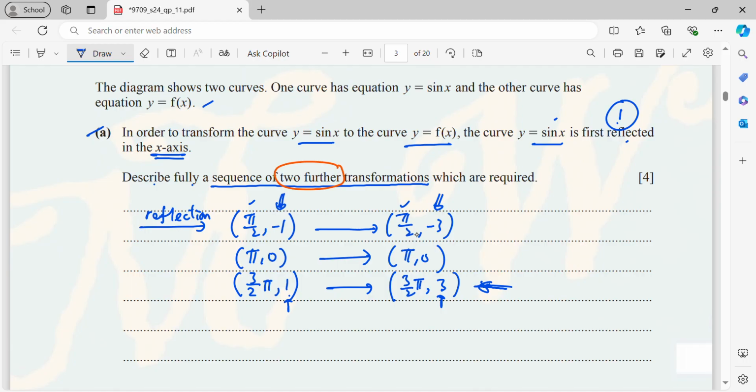So I will write my transformation will be stretch transformation, because there's no change in the x coordinate and the changes are on the y coordinates. So the transformation will be stretch with factor 3 in the y direction.